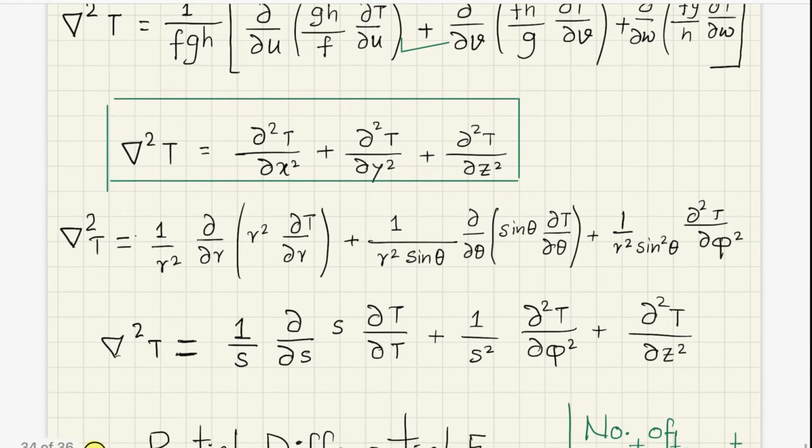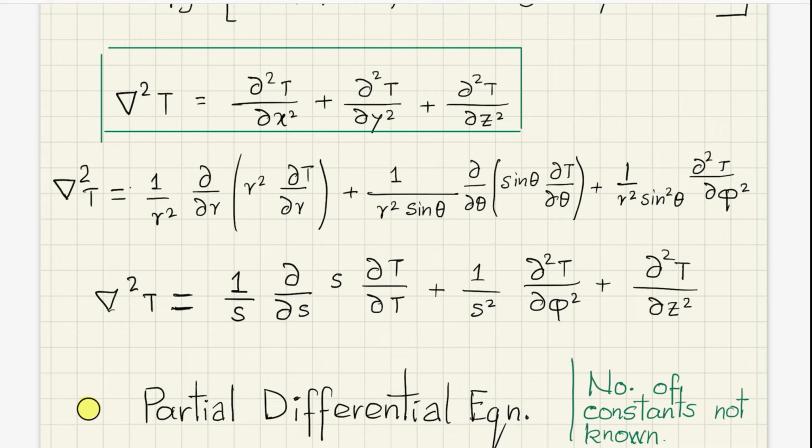I have written it down specifically for the spherical coordinate system. It is important to at least remember the first term in R. You'll be given it, but it is good to remember: 1 by R square, del by del R, scale factor R square, del T by del R. Similarly, you can write down the three terms.